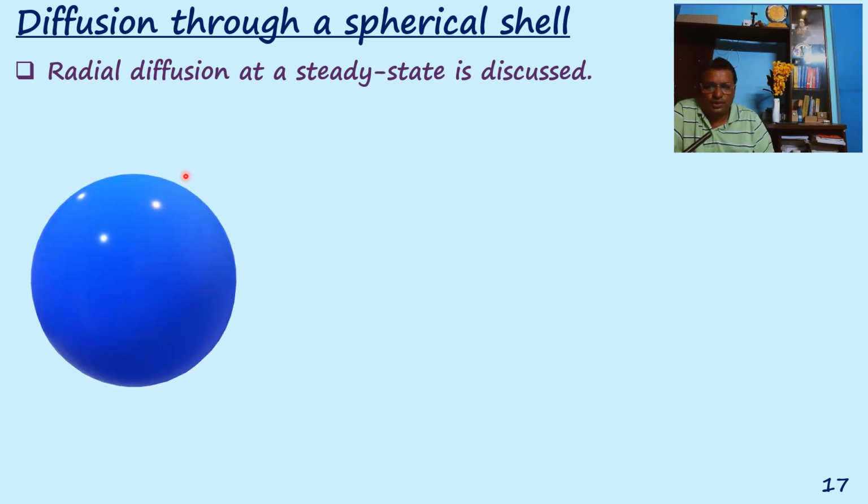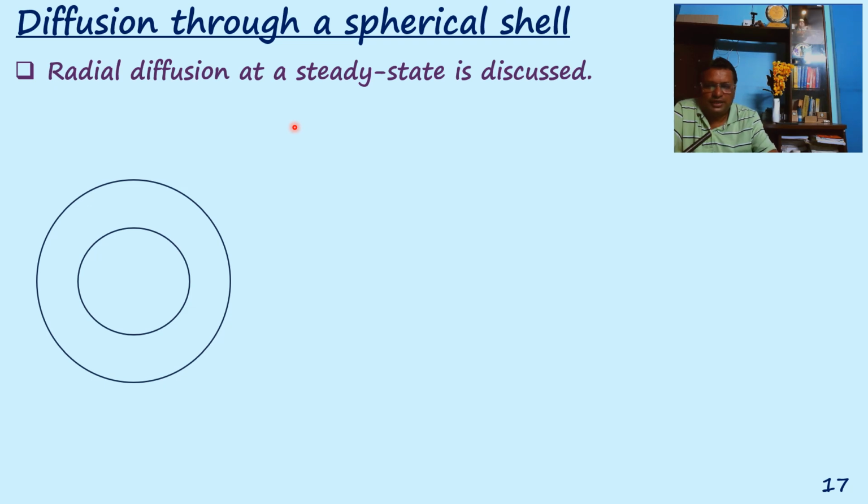So for that we are going to consider a sphere like this, a spherical vessel, you can see. If you cut through it, you will have an inner diameter for the vessel or shell and an outer diameter for the shell. Let us talk in terms of radius. So you have inner radius Ri, outer radius R0, and then at the inner surface, as we have understood earlier, Ca1 will be the concentration of A at the inner surface, and Ca2 will be the concentration of A at the outer surface.